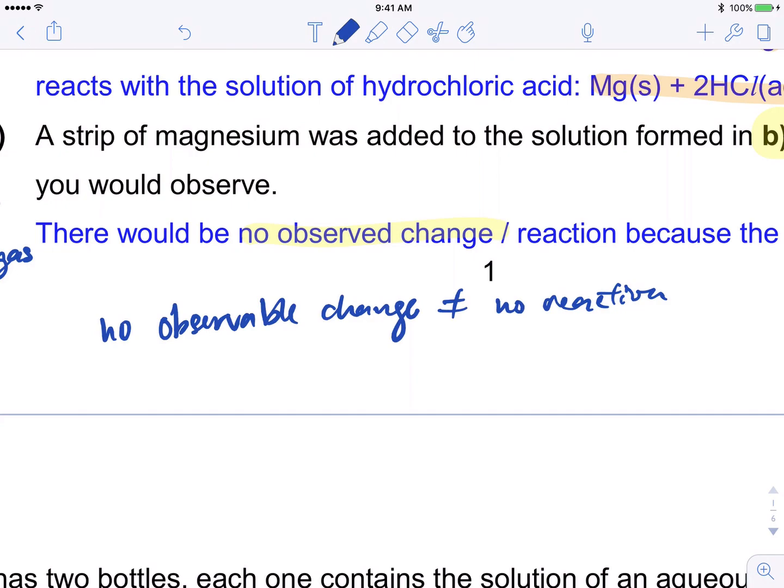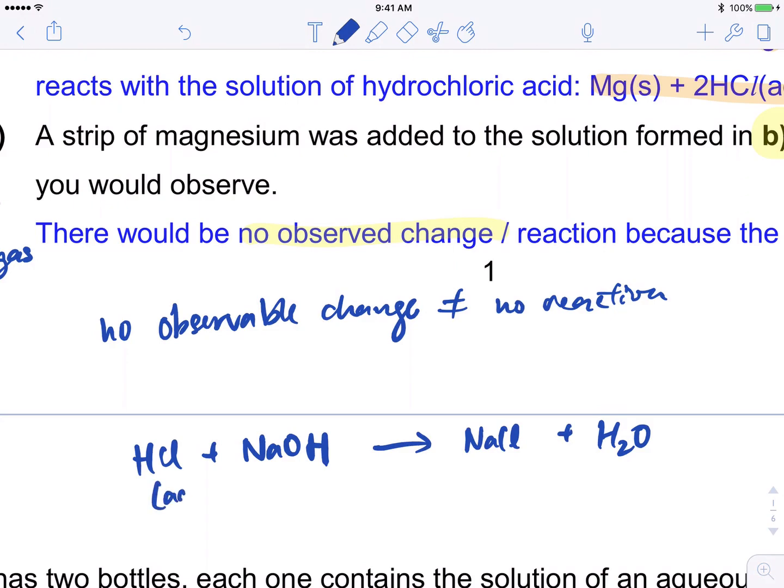But if there's no reaction, we definitely will not observe a change. Let me give you an instance where a reaction takes place but we can't see any changes. For instance, if I add HCl to NaOH, this is a neutralization reaction. It should give me the salt, NaCl, and water.